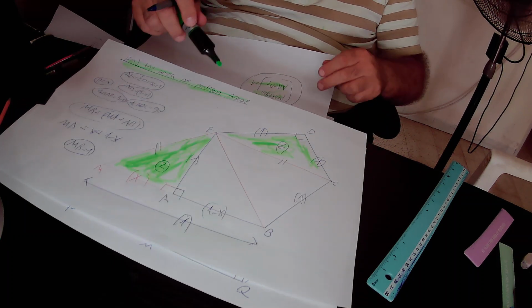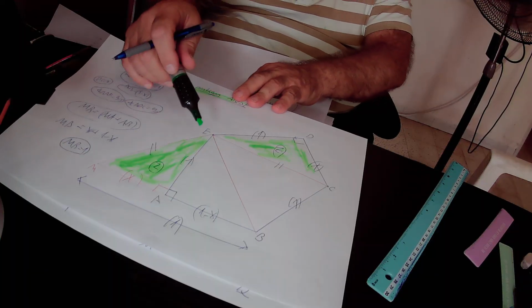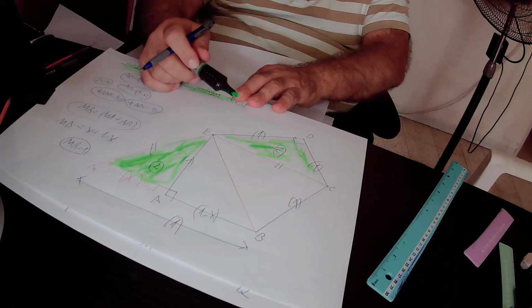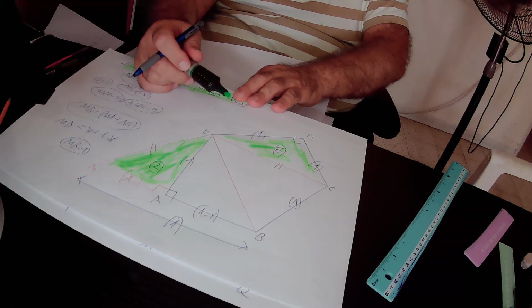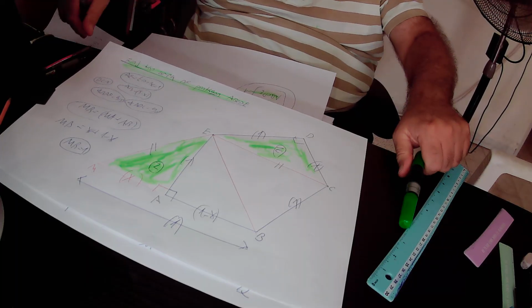Again, I should note that the area we are looking for in this question, the area of this pentagon ABCDE, is equal to 1 square unit in size. So we finish with the first question.